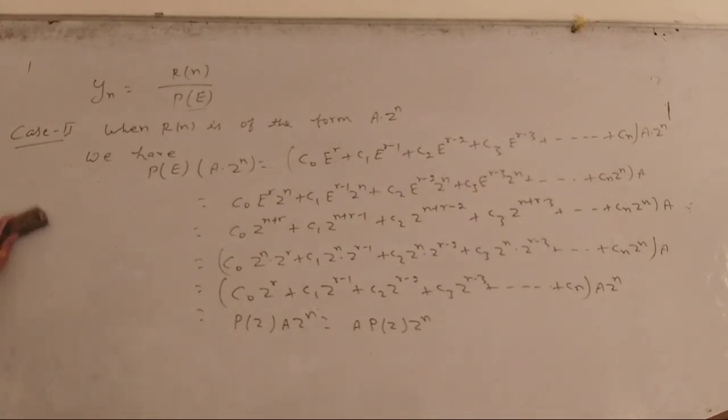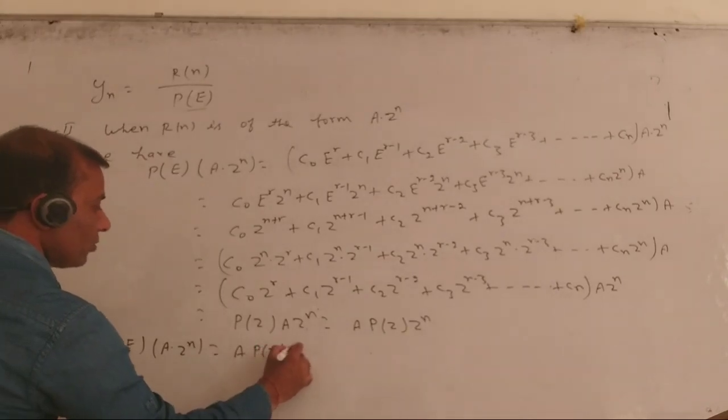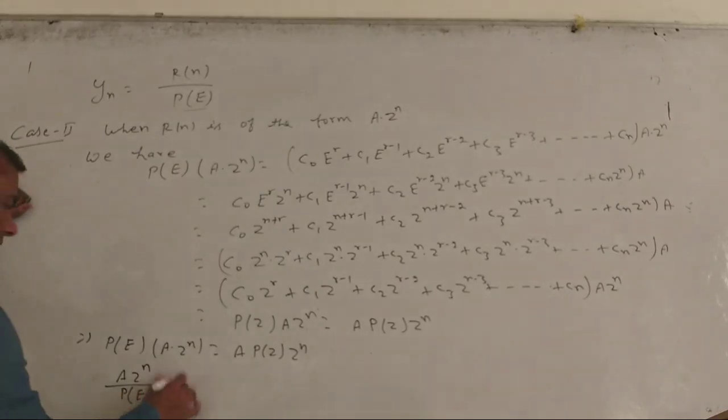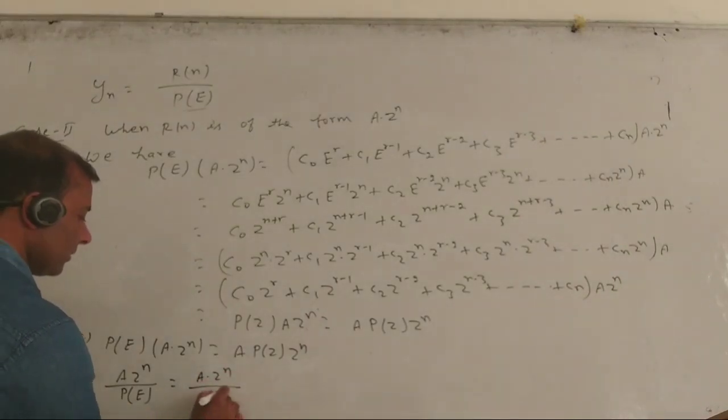So it becomes P of E into A into Z^n equals A into P of Z into Z^n. Therefore we can also write that A into Z^n upon P of E equals A into Z^n upon P(Z).